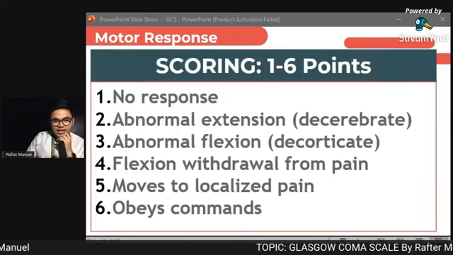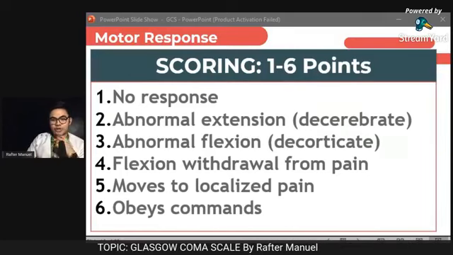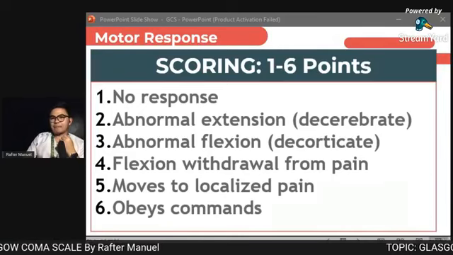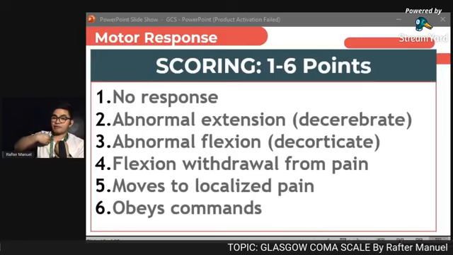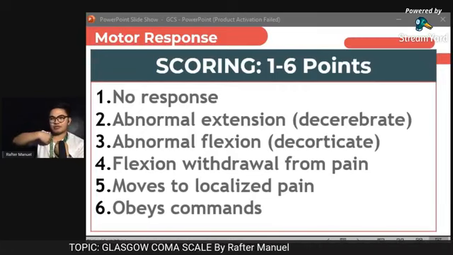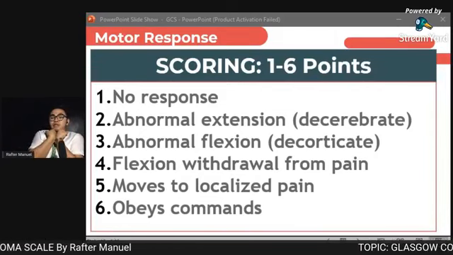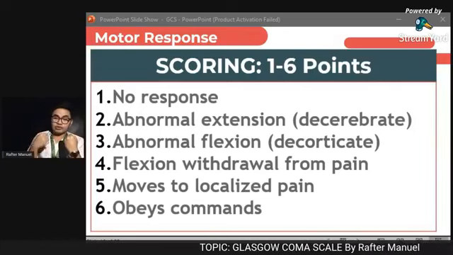All right. The fourth response is the abnormal flexion, or ito yung tinatawag natin na decorticate. If the patient shows abnormal flexion accentuated by a painful stimuli, you say you pinch the chest of your patient, and the patient would bring up his arms, he flexes his arms up to his chin and his hands are closed.